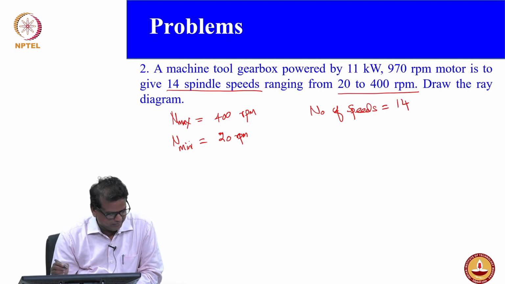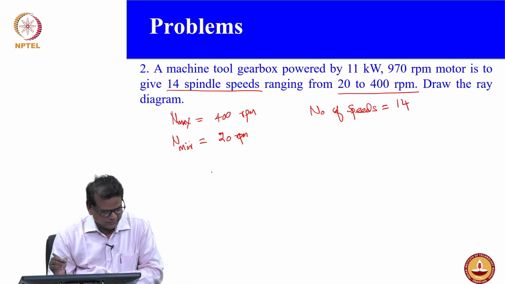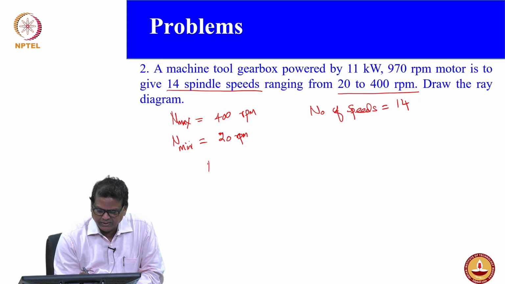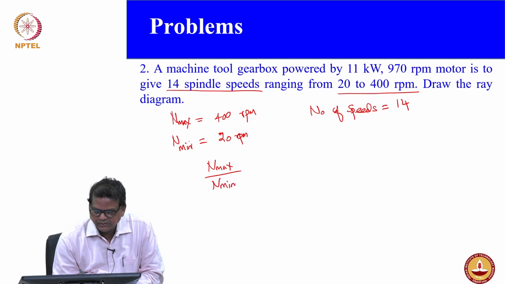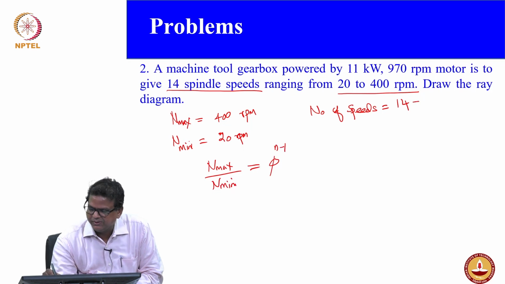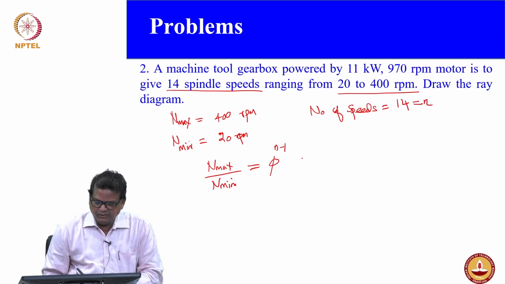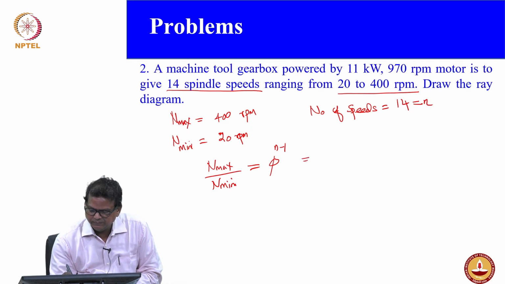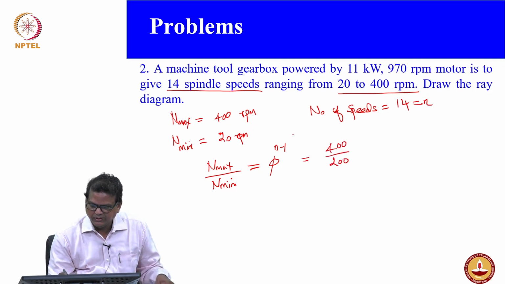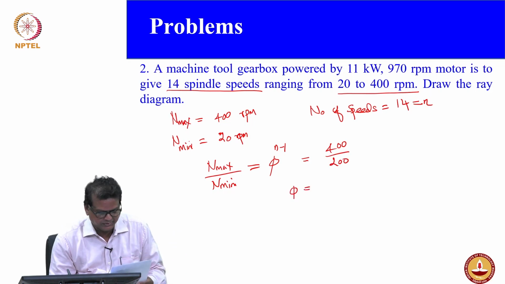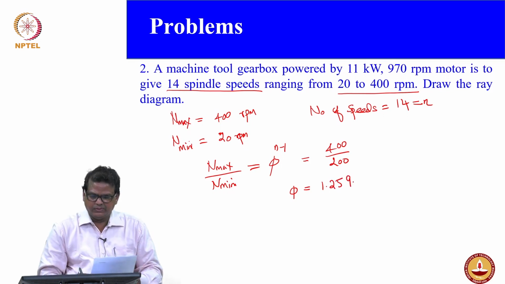I'm sure you know this formula: N max by N minimum equals psi to the power of N minus 1, where N equals 14. If you substitute 400 divided by 20 and N equal to 14, then you would expect the step ratio to be 1.259.